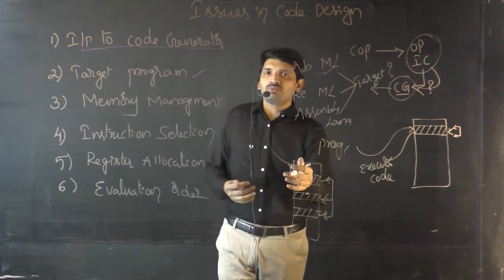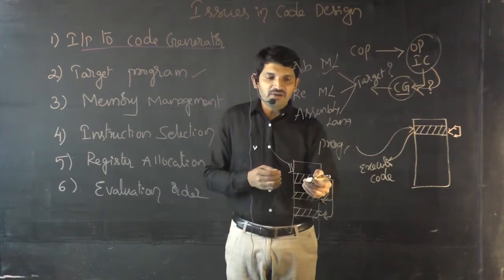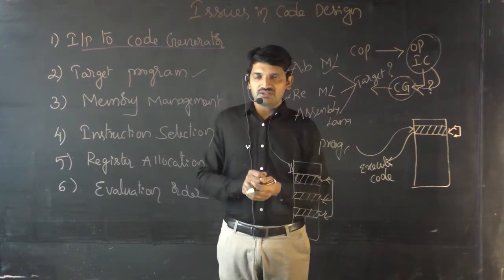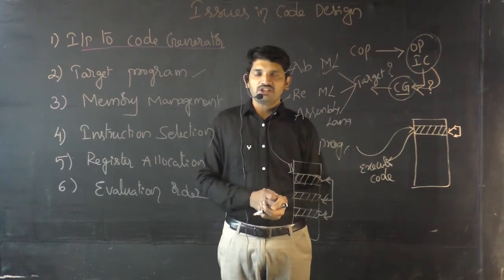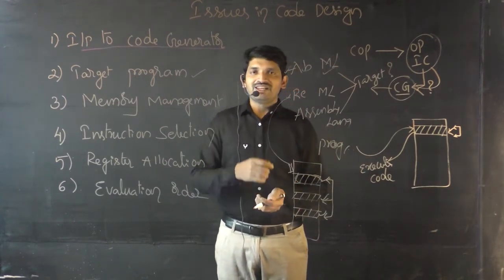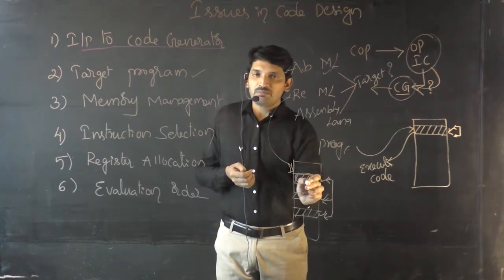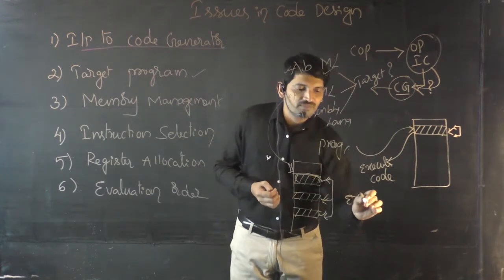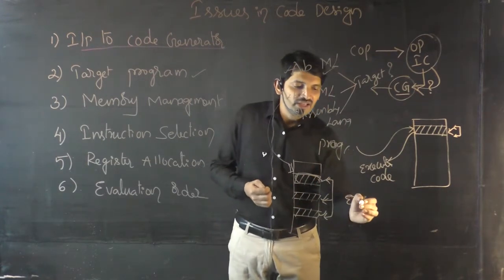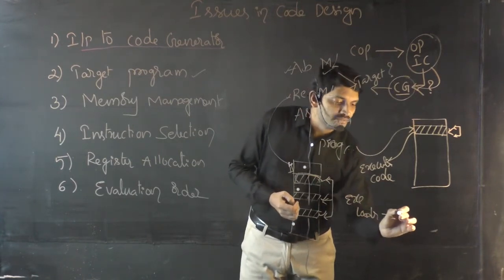This is suitable for huge or large programs. The linker and loader concept comes under relocatable machine code. The linker links all the executable files or libraries and creates an executable file. That executable file is loaded by the loader, which generates the object code.